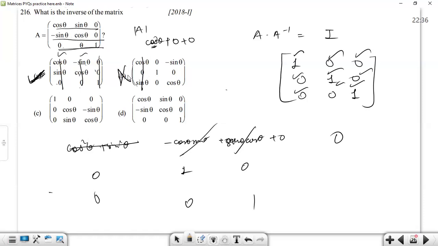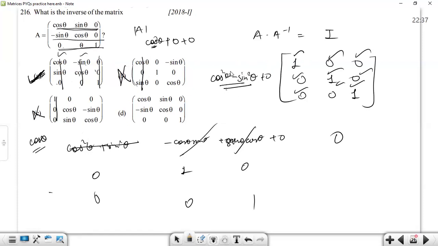Now let's discuss the next option. First row, first column: cos theta into 1, sin theta into 0, 0 into 0. So this has become cos theta instead of 1. This also cannot be the right answer. Next, first row, first column: cos theta into cos theta, cos square theta, sin theta into minus sin theta, minus sin square theta, 0 into 0.